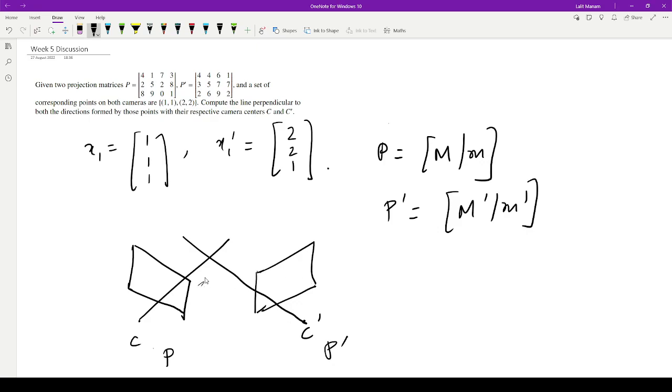We first need to find these directions D1 and D1 prime. Once we find these directions, we need to get something which is perpendicular to both of them. So there is another direction which we need to find. Let's call it V for instance. That V should be perpendicular to the directions D1 and D1 prime. That's the perpendicular line that we would like to estimate.